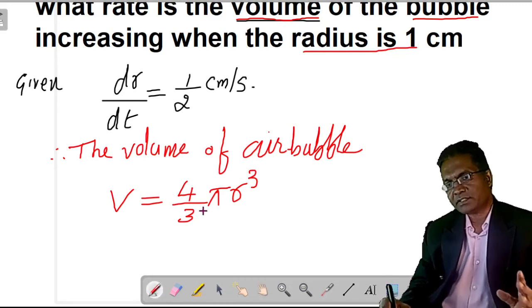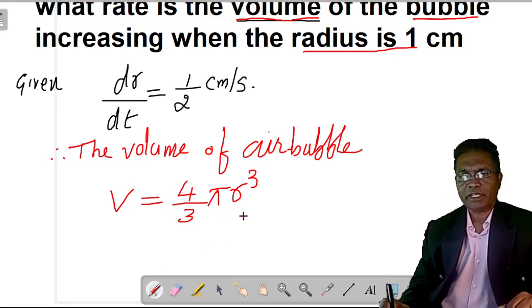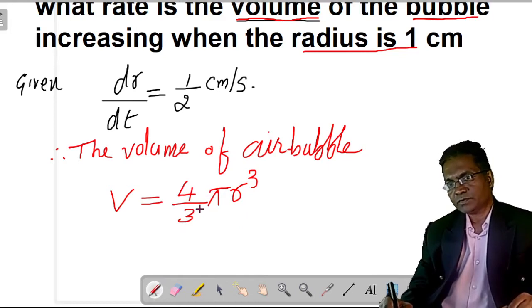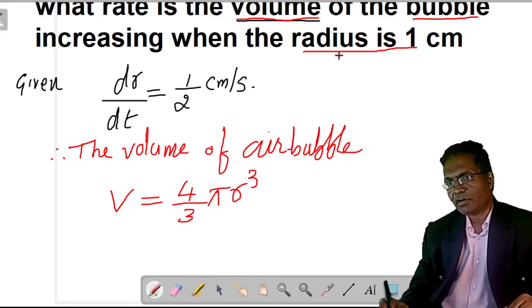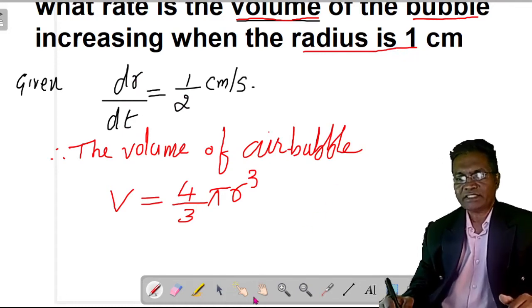For a sphere the volume is 4 by 3 pi r cube. Now you are given dr by dt, and you have to find dv by dt when r is 1 centimeter.